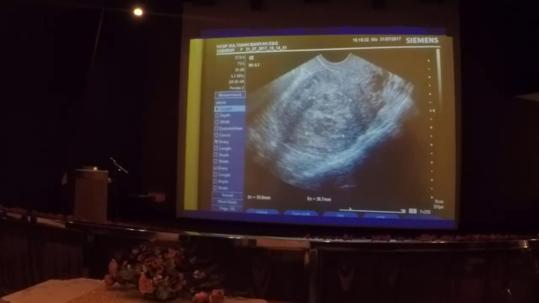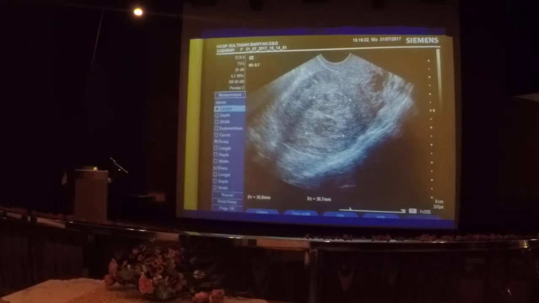Circumscribed mixed echogenicity lesion in the uterus. Could be a fibroid or CA. Good.